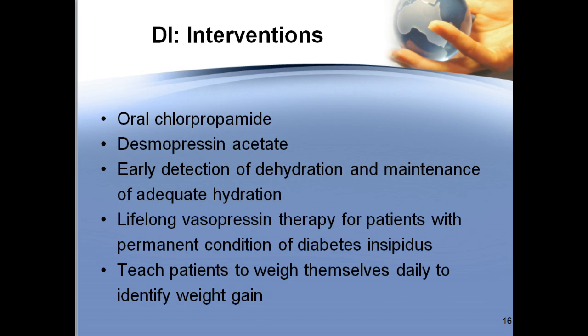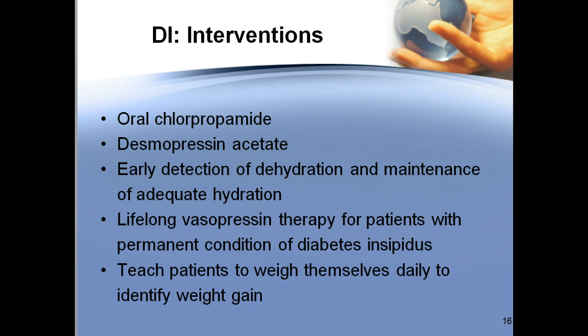You're going to treat it, of course, and your interventions can include what they call oral chlorpropamide. What that drug does is increase the action of existing ADH, or antidiuretic hormone, and possibly has a stimulating effect on the production of ADH in the hypothalamus.